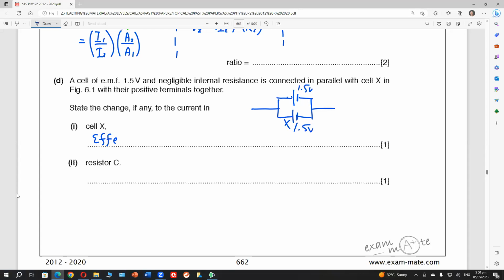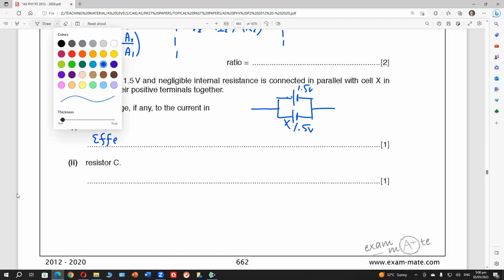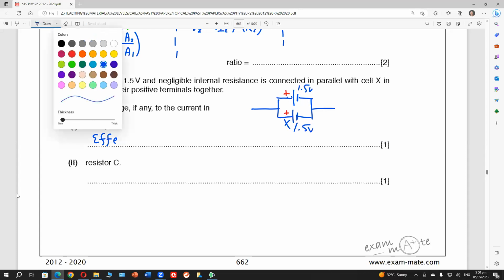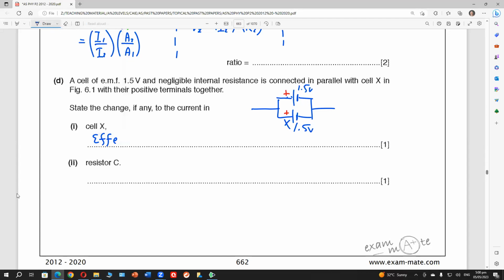A cell of EMF 1.5 volt and negligible internal resistance is connected in parallel with cell X in the figure with their positive terminals together. So will the current decrease?